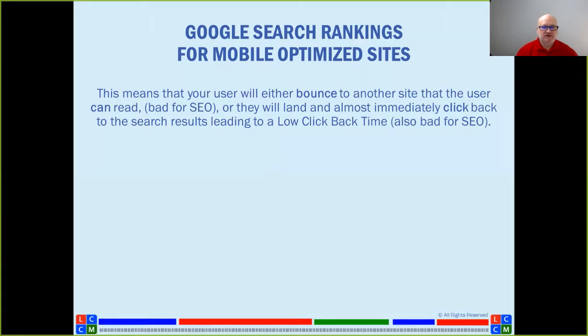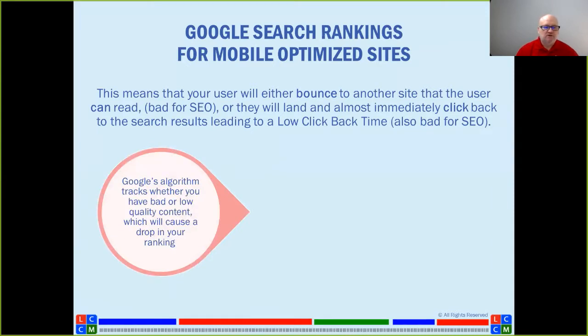It's bad for SEO, and they'll almost immediately click back to search results, leading to a low click back time, which is also bad for SEO. So Google's algorithm tracks whether you have bad or low quality content, which will cause a drop in your ranking.